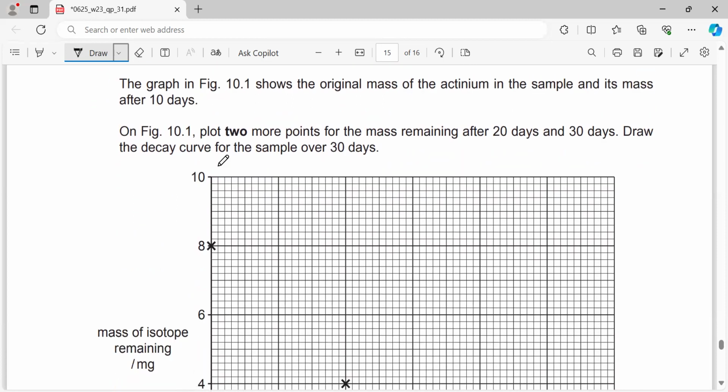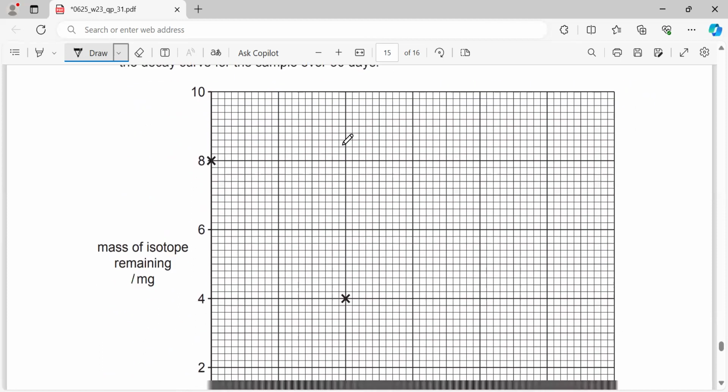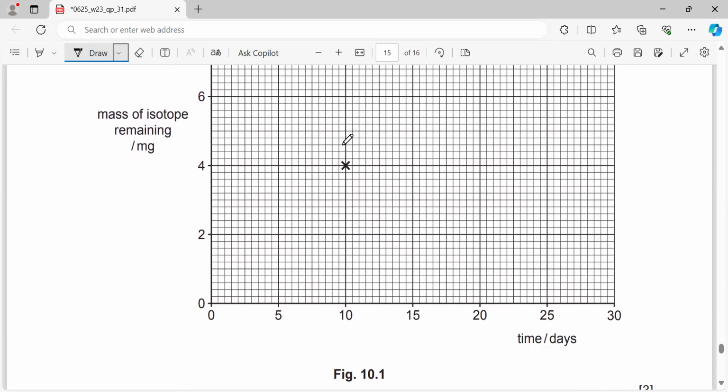On figure 10.1, plot 2 more points for the mass remaining after 20 days and 30 days. Draw the decay curve for the sample over 30 days. So at 20 days, half of 4 becomes 2. So here are the points, and then at 30 days, half of 2 is 1.